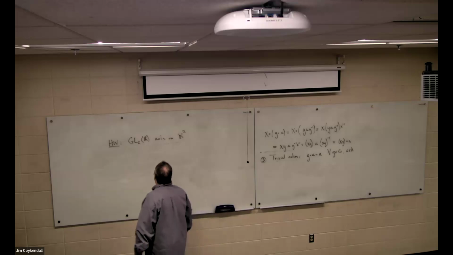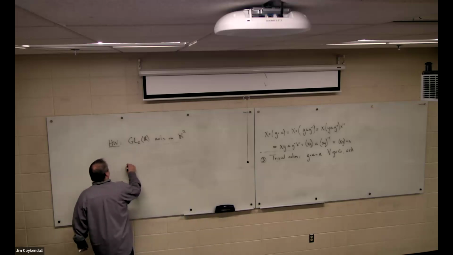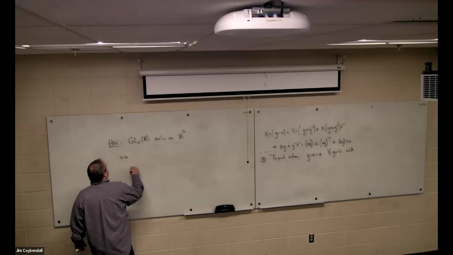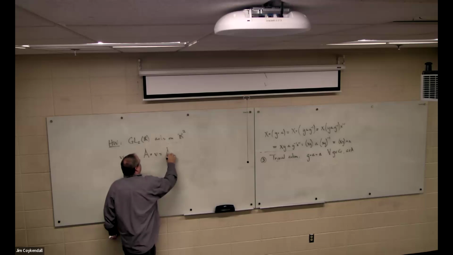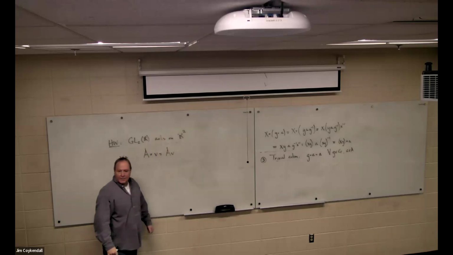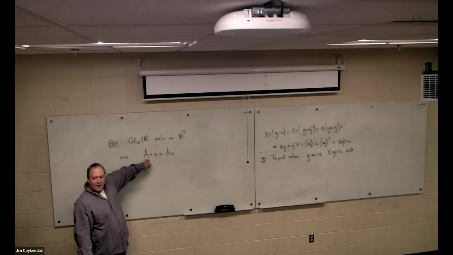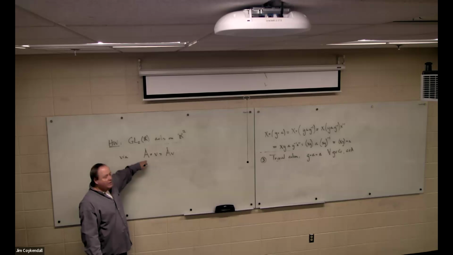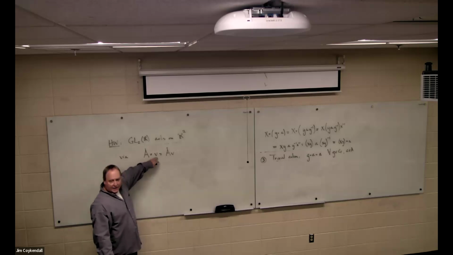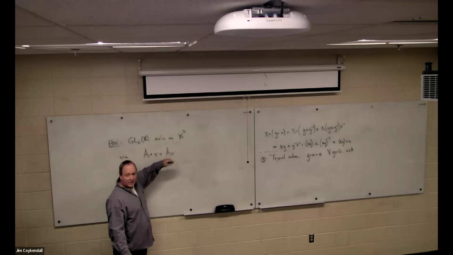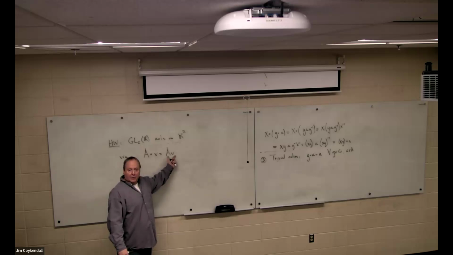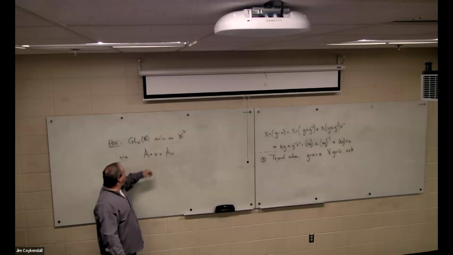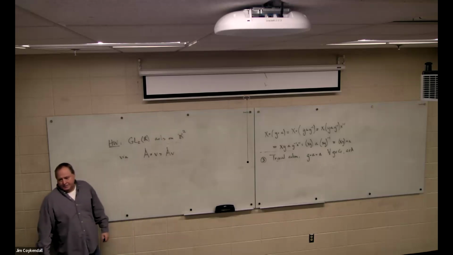This acts on R2 by a operating on a 2-dimensional vector. So what do you do? Just take your vector, you stick it into the linear transformation there. And what does this do? It outputs another vector in R2. It's easy to show that this is in fact an action.